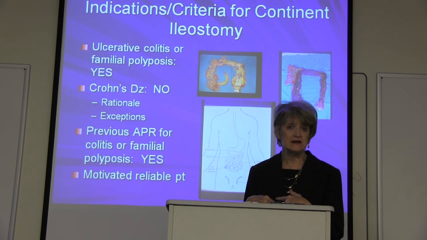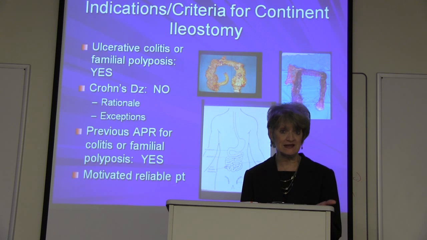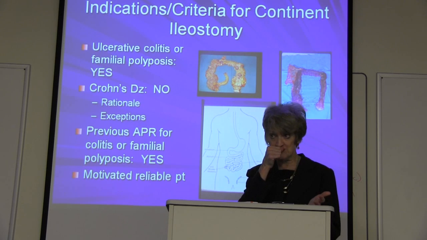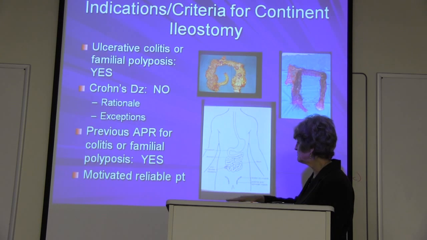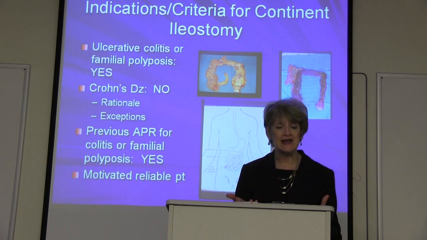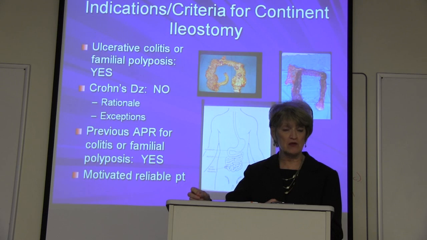They have an end ileostomy. Could they have a continent ileostomy? Absolutely, because their small bowel remains healthy and intact. So you could go in, disconnect the ileum from the abdominal wall, create the reservoir, then reattach the bowel to the abdominal wall, create the intussusception in between.